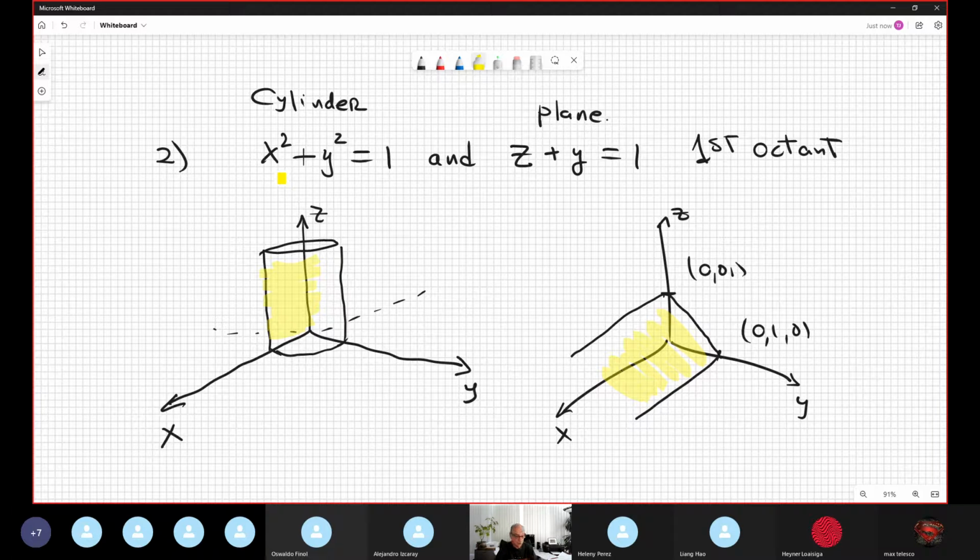Okay, so now let's do it together. Let me use another color. This is 1, this is 1. We have here the intersection, right? And this is that part. Okay. Now you see my common sense.